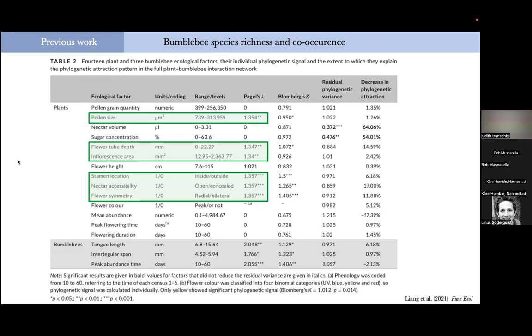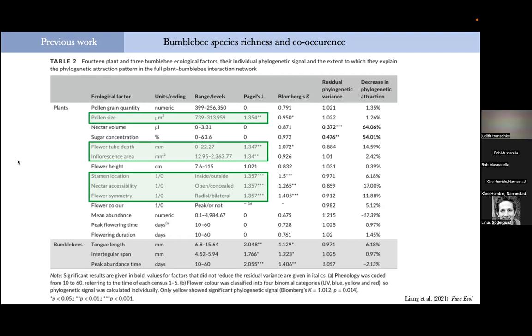And what she found for the plant side, so we're now first looking at the phylogenetic signal of the traits in itself. So how conserved are they within a plant family or genus? And she found phylogenetic signals for pollen size, flower tube depth, inflorescence area, stamen location, nectar accessibility, and flower symmetry.